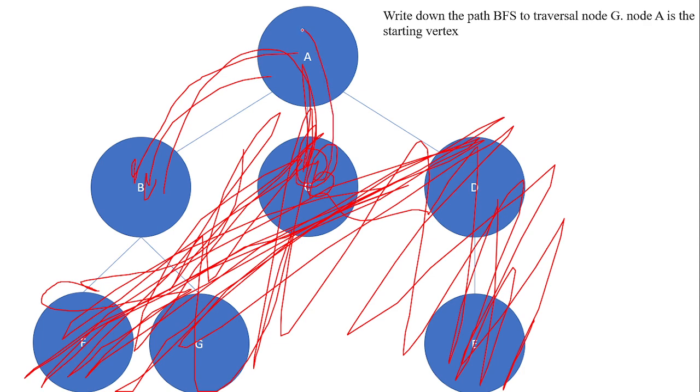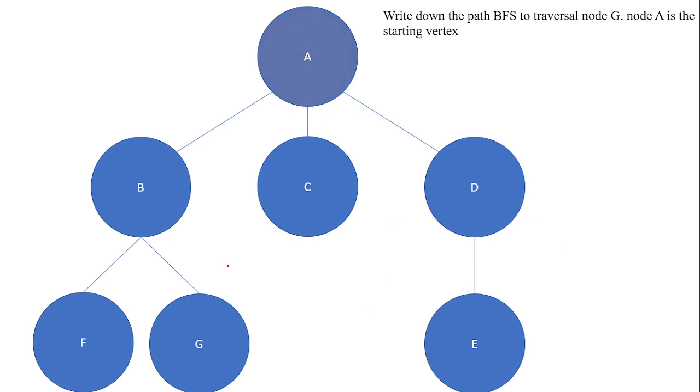That's the story. Initially it traverses A, then B, then C, then D. So if you put A in between, that's fine. That's the computer behavior.